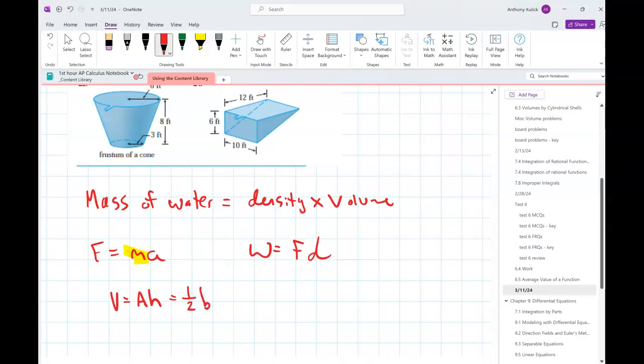So my volume formula is going to be the base of the triangle times the height of the triangle times the height of the prism. Now that height of the prism is constant. That's always 8.